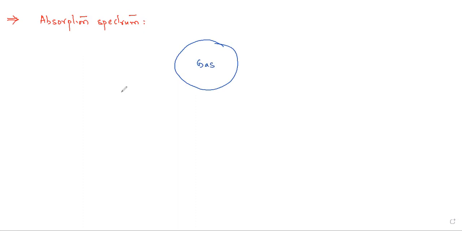Some amount of a gas is taken. Light is passed through the gas. When light having different wavelengths is passed through the gas, here we'll be analyzing the transmitted radiation.